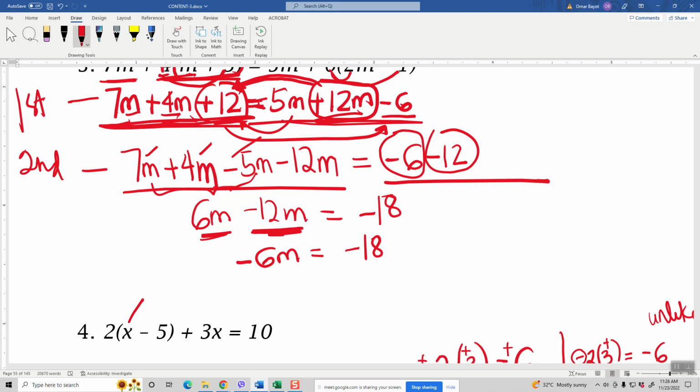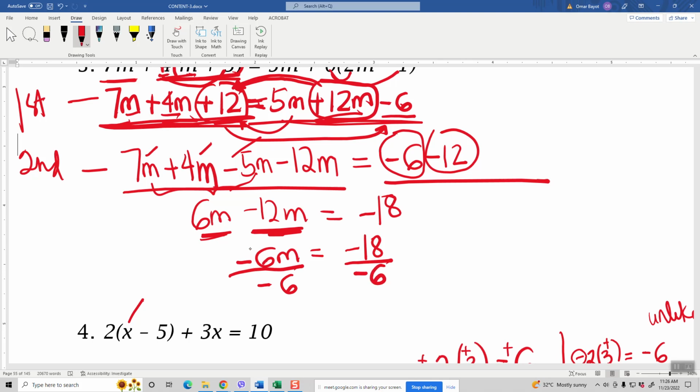Now, we are going to find the value of m. So, to make this m, we need to divide it by negative 6. Whatever you do on the left, make sure you also do on the right. So, if I divide by negative 6 on the left member of the equation, I will also divide by negative 6 on the right side.